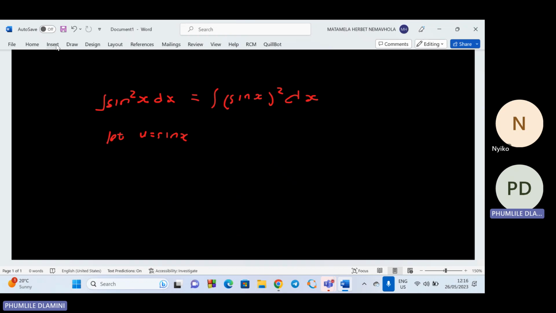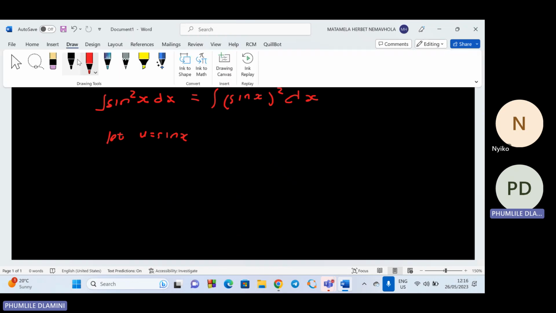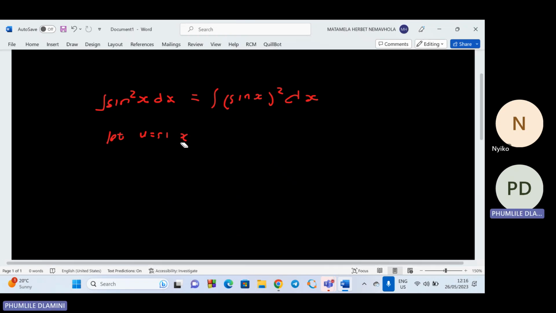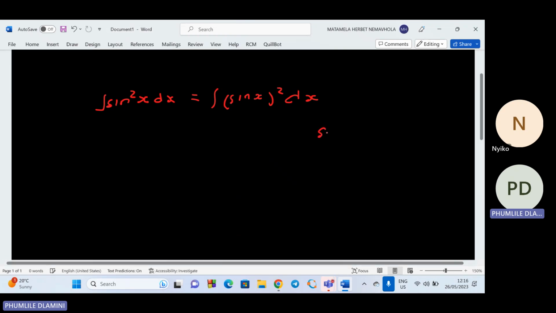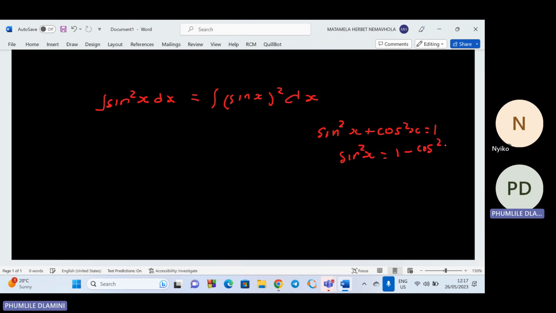Sometimes when I have this one, I will change my integral of sine squared x, because I know that according to the identity, sine squared x plus cos squared x equals 1. Which means my sine squared x can be 1 minus cos squared x.